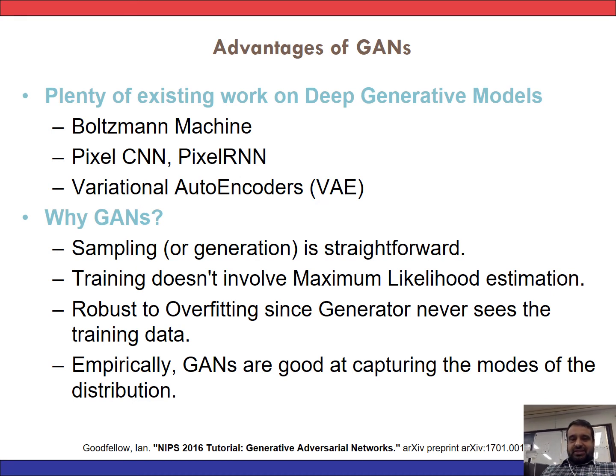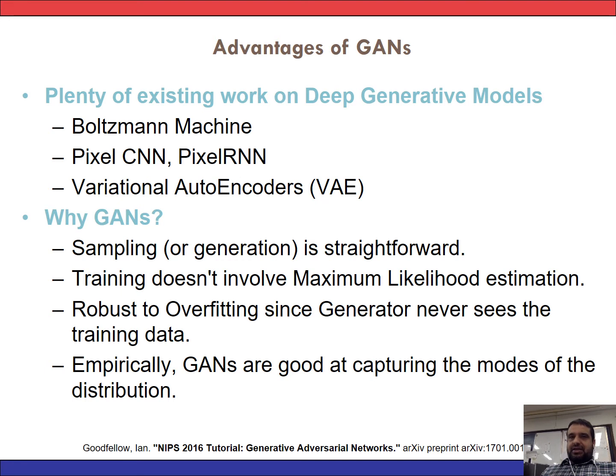So let's see what the advantages of the generative adversarial network are. Actually, the sampling procedure in a generative adversarial network is very simple. We have a uniform distribution or a Gaussian distribution, and all we need to do is sample the latent vector from that distribution.